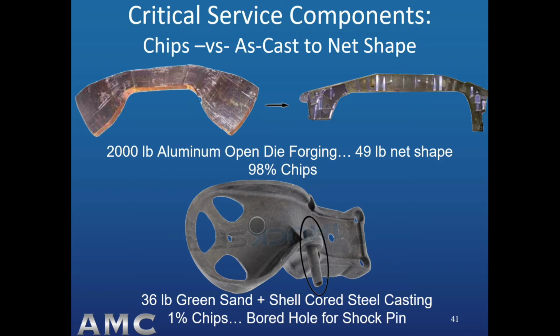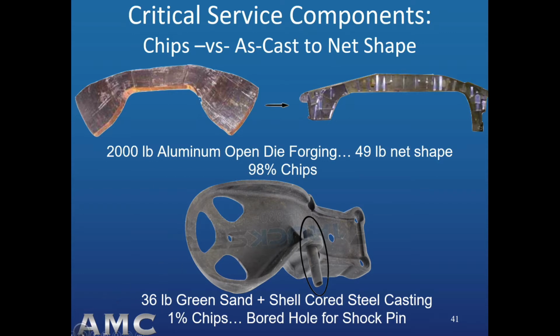Through innovative manufacturing engineering of the mold cavity making process, the only feature machined on the casting is a bored hole for the shock absorber mounting pin encircled in black. 2 totally different kinds of machine shops made these 2 final net shapes.